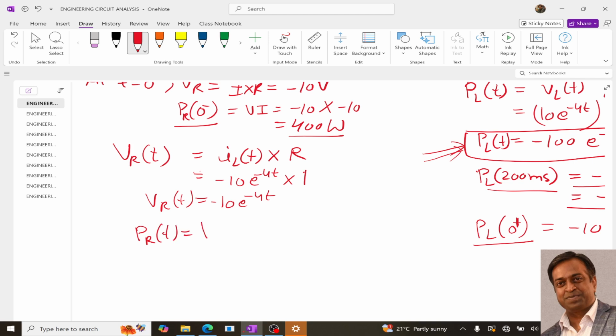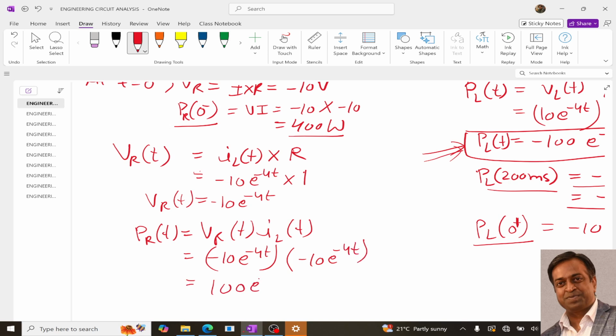Now PR(t) will be VR(t) into IR(t). So IR, or we can say IL, because both are the same. So VR(t) is minus 10 e power minus 4t into IL(t), which is minus 10 e power minus 4t. So we get 100 e power minus 8t.